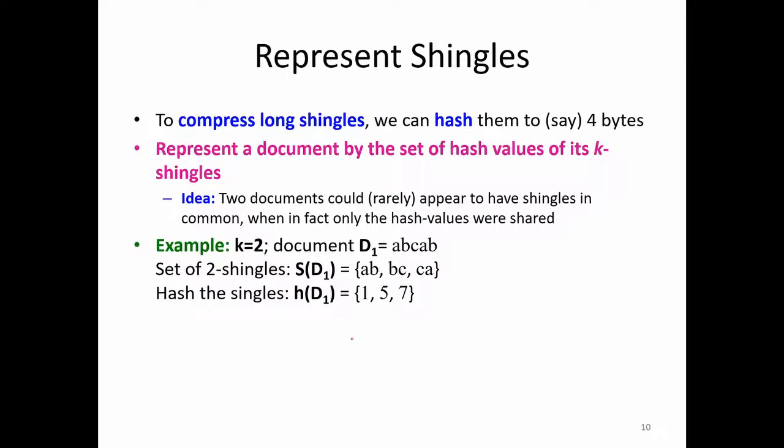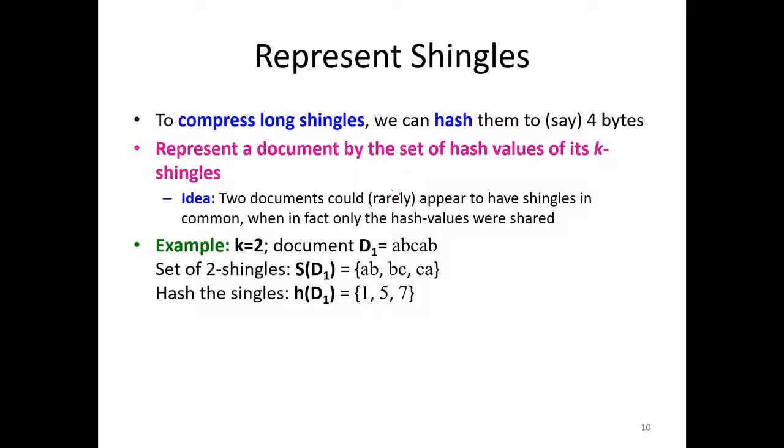Now, there may be very long shingles also, so in order to process them efficiently, one has to somehow come up with compact representations of shingles. So how can one come up with compact representations of shingles?